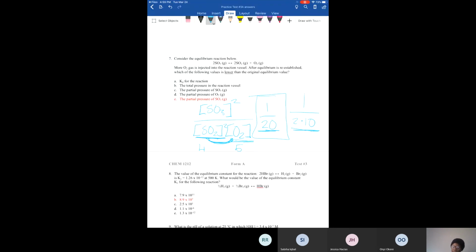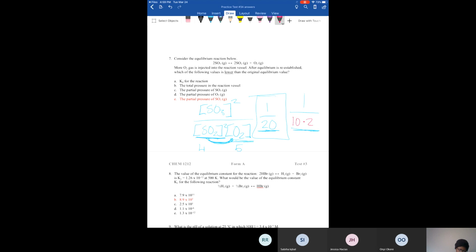Yeah, partial pressure of O2 would then be lower because it would just switch. So you would say that now the SO2 concentration could be 10 and the O2 concentration could be 2. Just as long as this 1/20 ratio is preserved, that's fine.